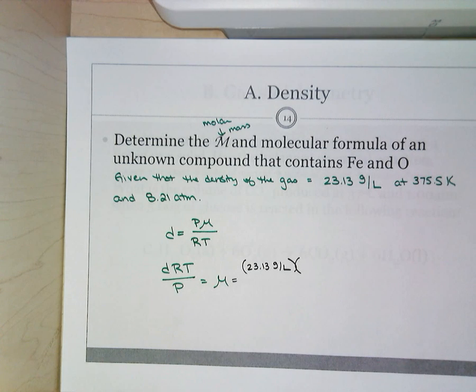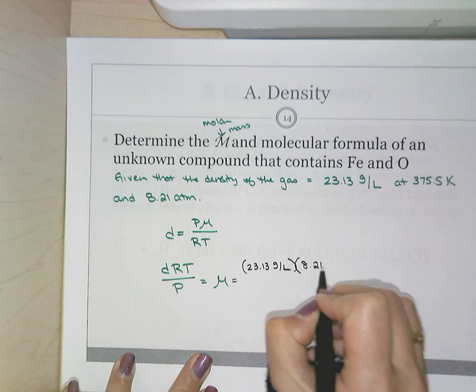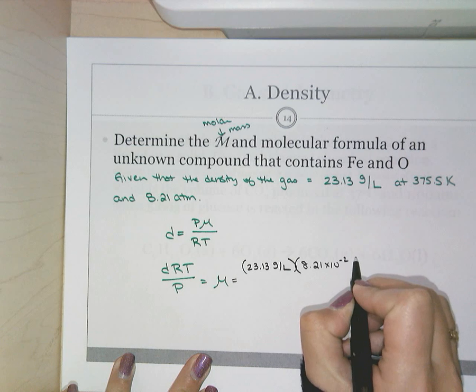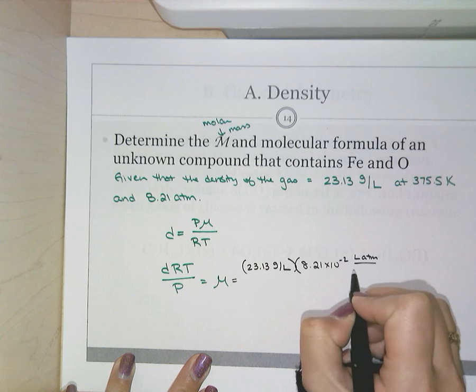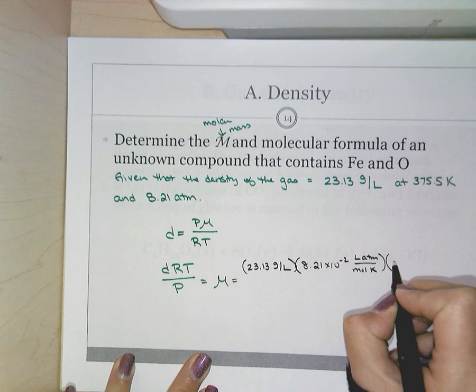The gas constant is a constant that's given other places. Then the temperature.